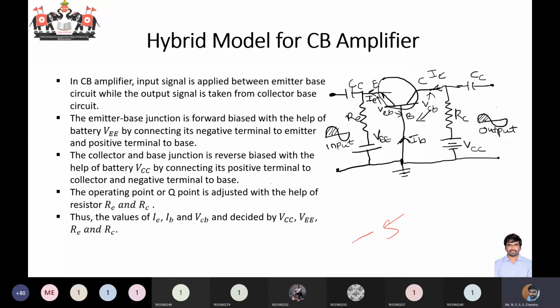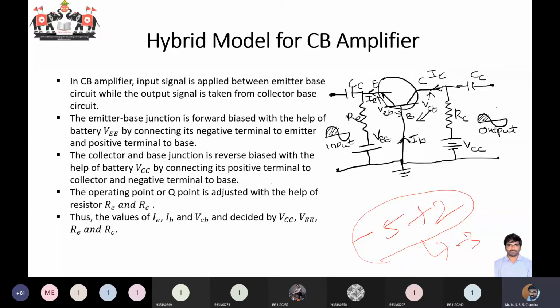biased. Now if you are adding an input signal, a positive input signal, let us say a 2 volt signal, then your effective voltage is now reduced to 3 volts. So the effective forward bias voltage across the emitter base junction is now reduced.